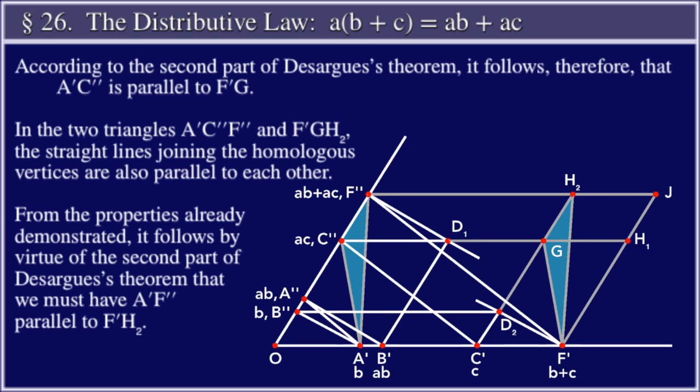From the properties already demonstrated, it follows by virtue of the second part of Desargues' theorem that we must have A prime F double prime parallel to F prime H sub 2.